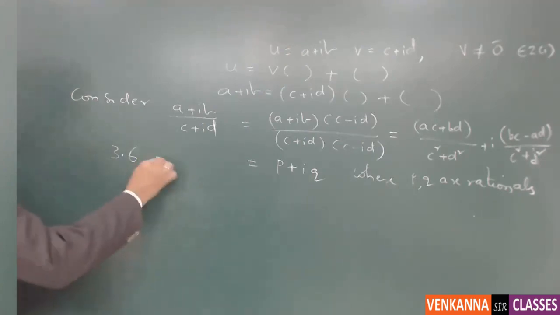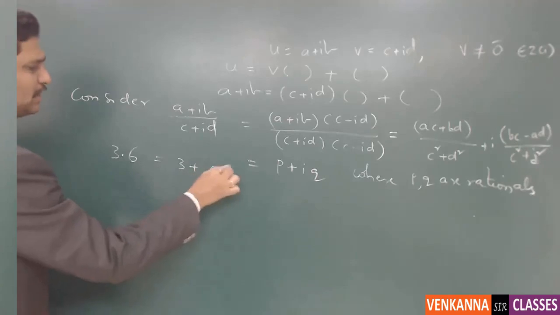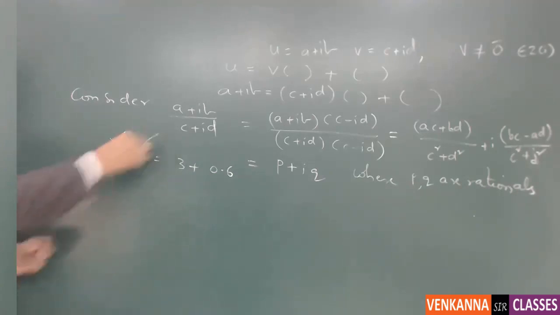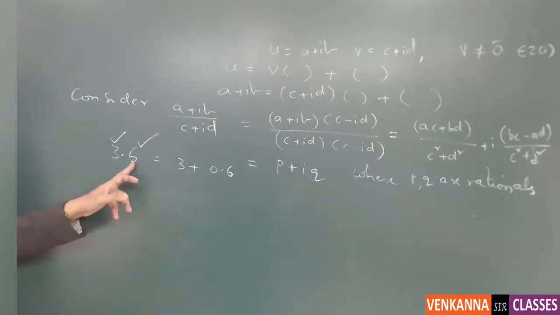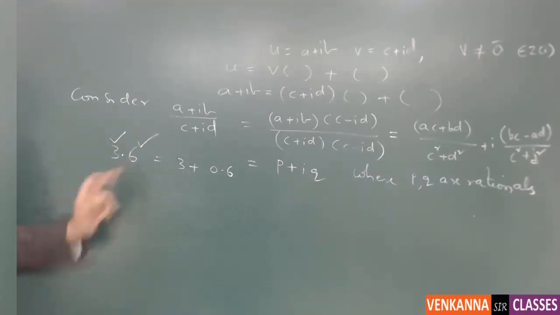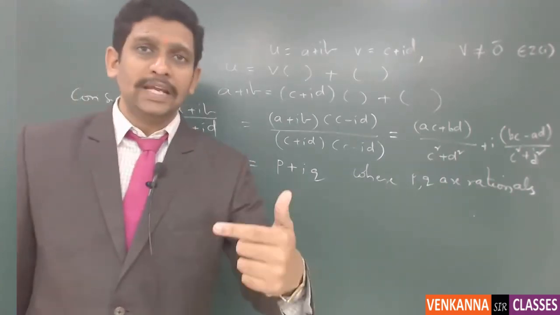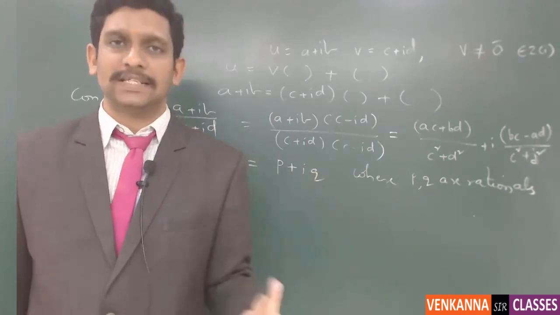Are you able to write it as 3 plus 0.6 or not? This part we call the integer part, and this part we call the fractional part. All of you agree? So this construction I am doing by means of integers.